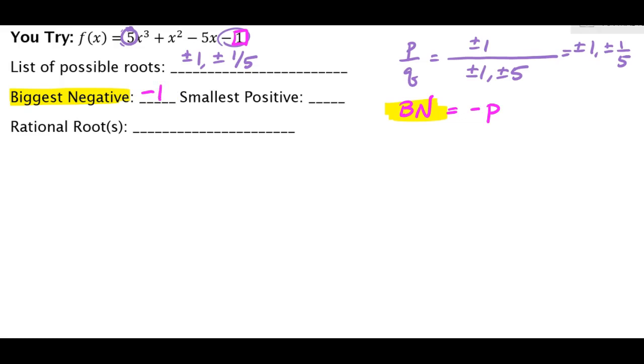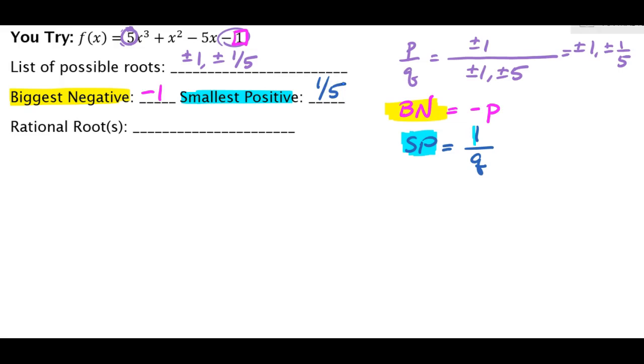And then the smallest positive is always going to be 1 divided by your q number. So here our q number is 5, so our smallest positive is going to be 1 divided by 5, or 1/5.